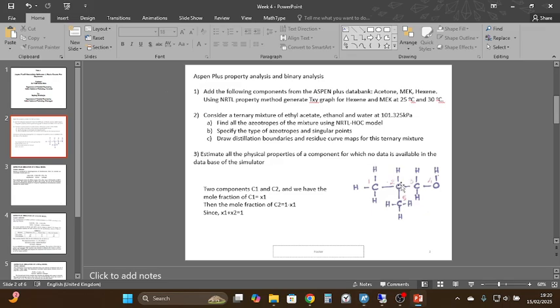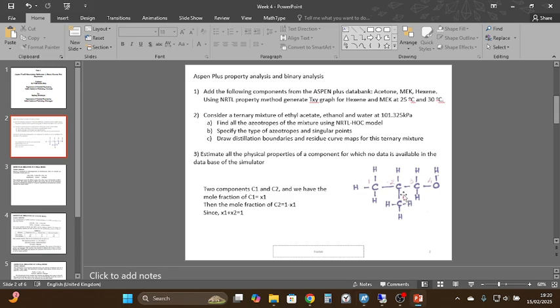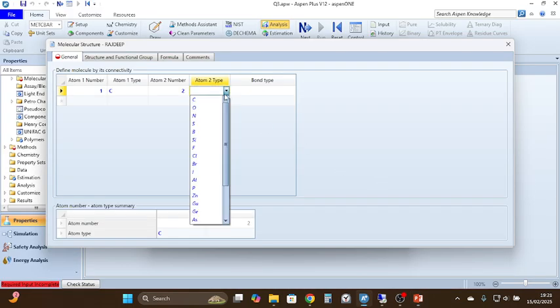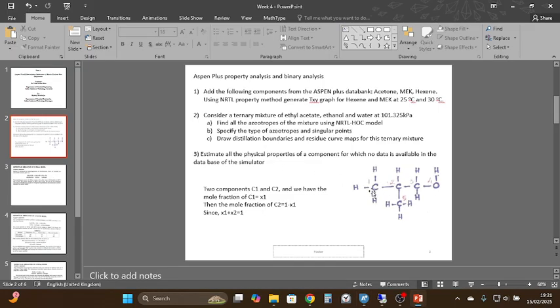It is connected to carbon only. So you have atom 1 number 1. What is the atom 2 number? This is 2. And what is this atom 2 type? This is also carbon. And the bond is a single bond. So we have specified this part over here.